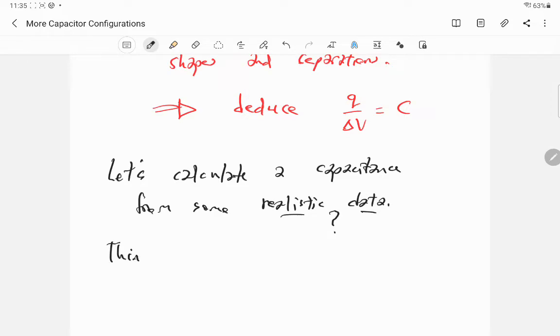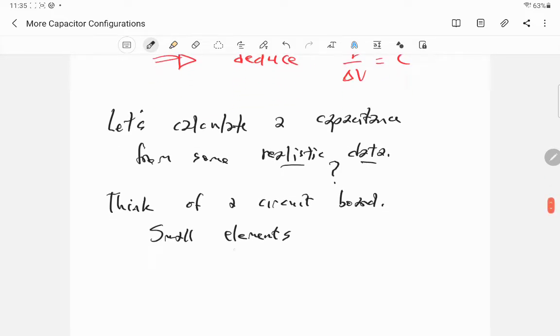Think of a circuit board, right? Circuit boards have small circuit elements. For example, one of the circuit elements on a circuit board is a capacitor, right?